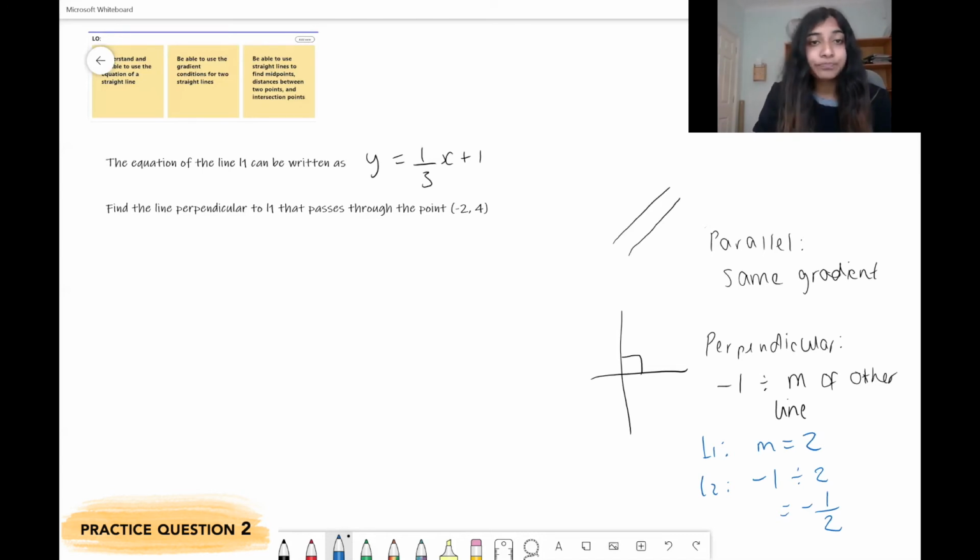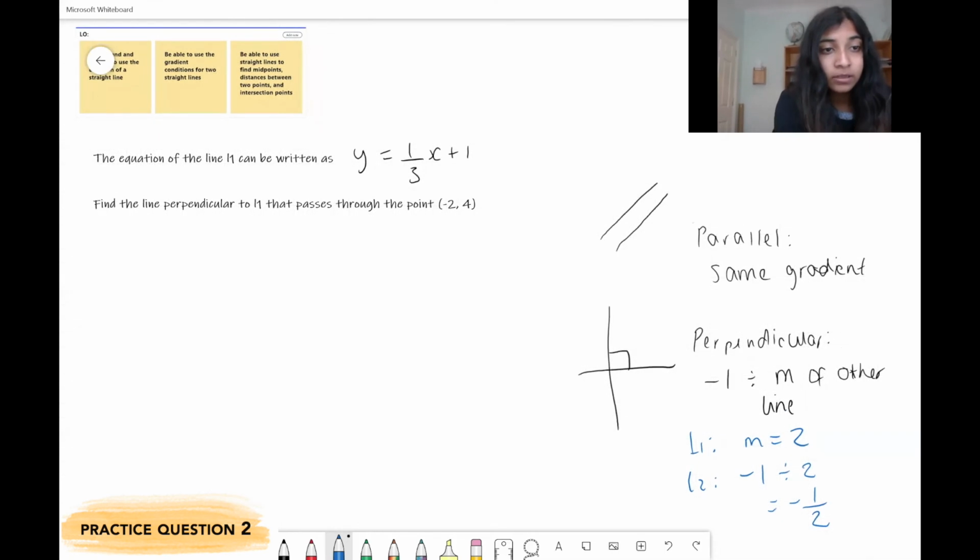If we want to find the line that's perpendicular to L1, we know that the gradient of L2, the m of L2, would be -1 divided by a third, which is just equal to -3.